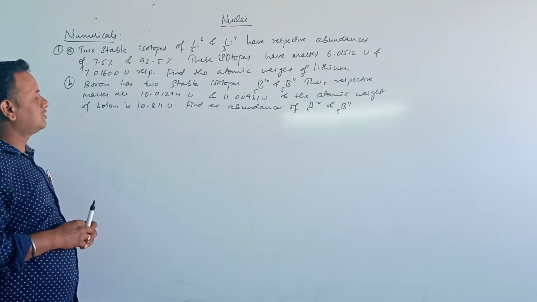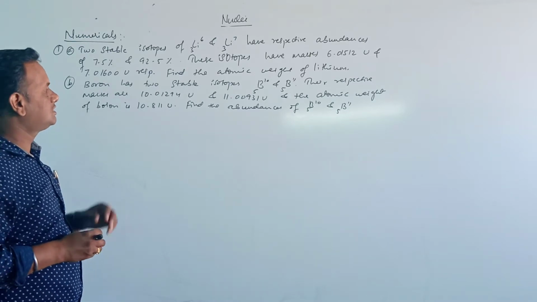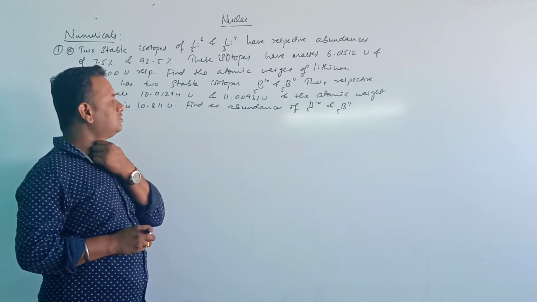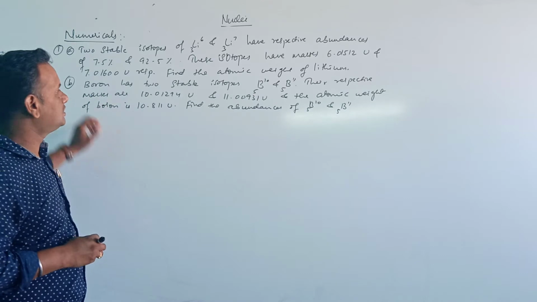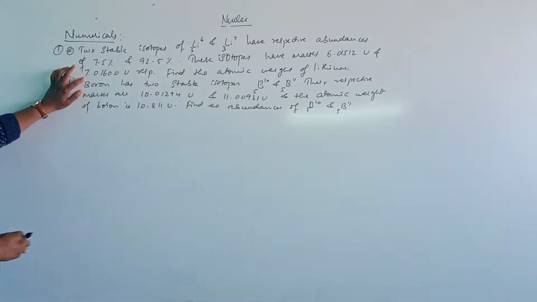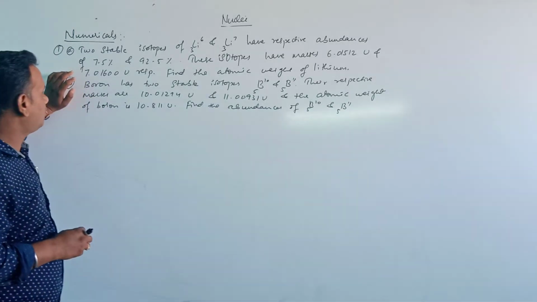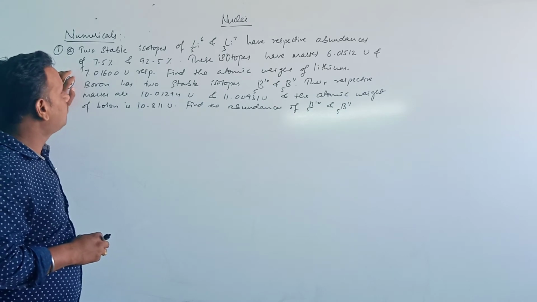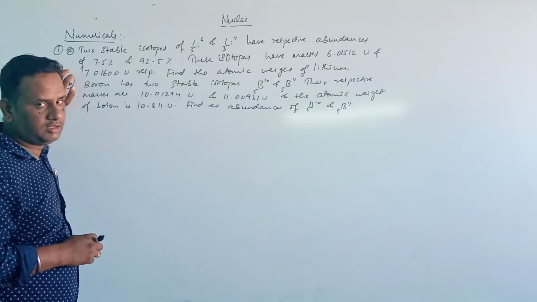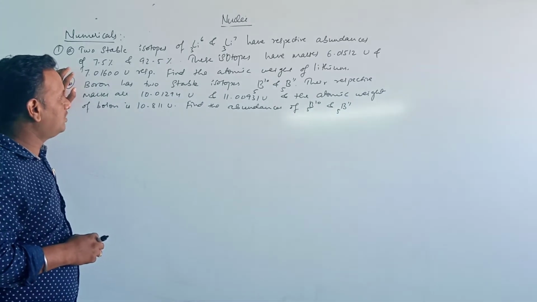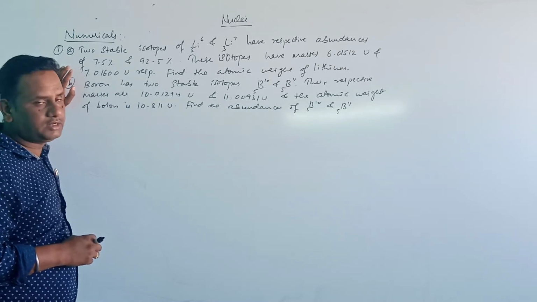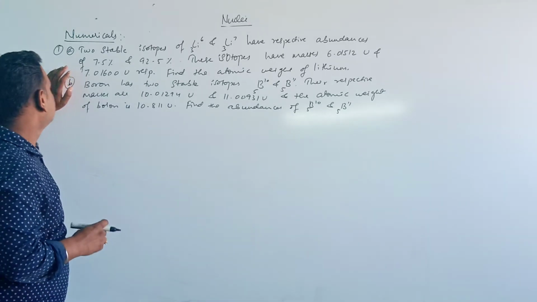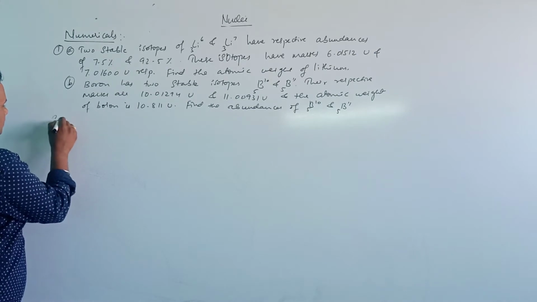These isotopes have masses 6.01512 atomic mass unit and 7.01600 atomic mass unit respectively. Find the atomic weight of the lithium. So let us solve the first question here.